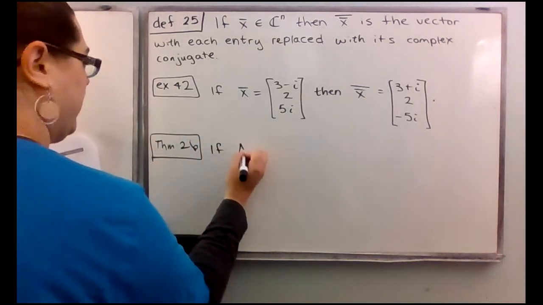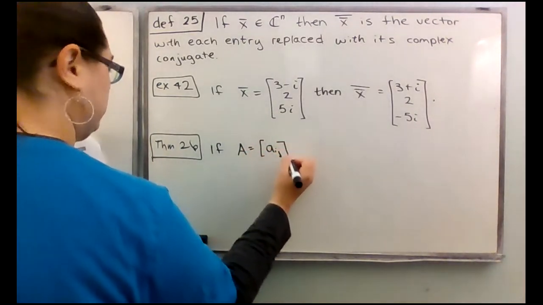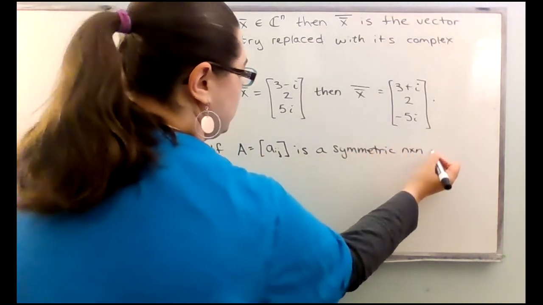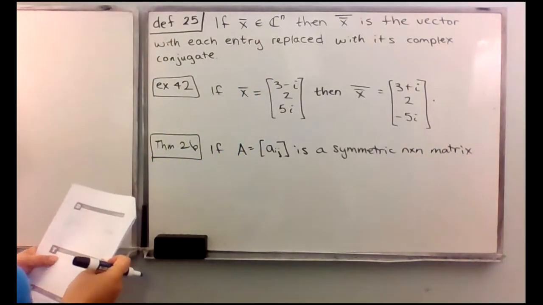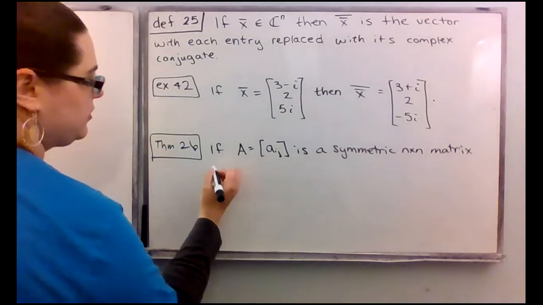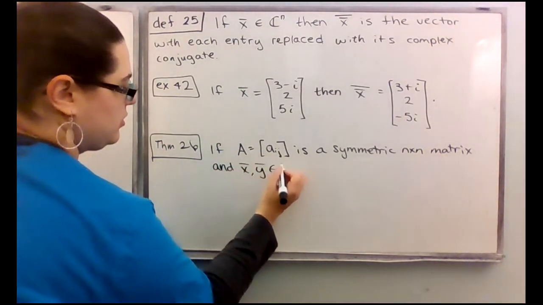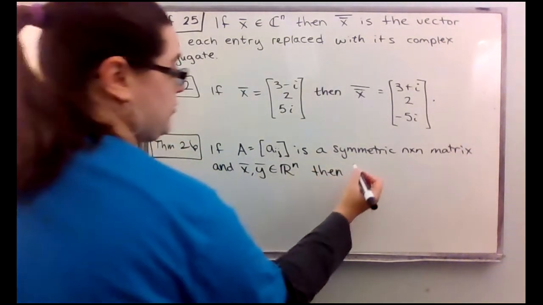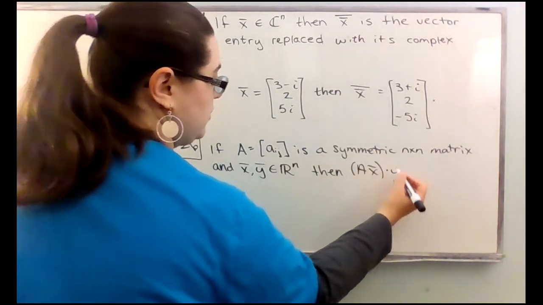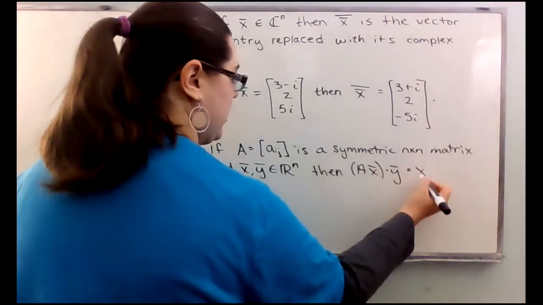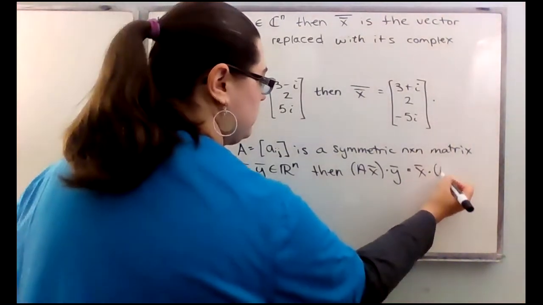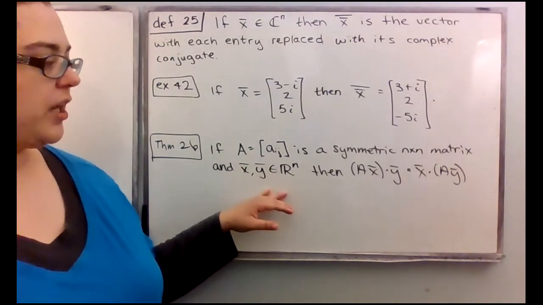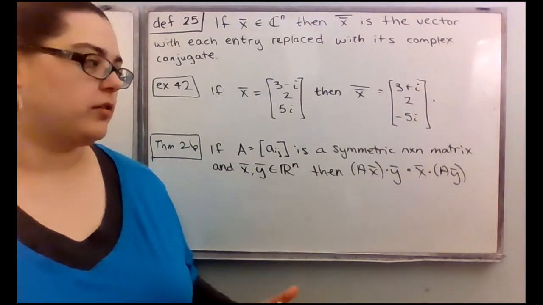It says if A, which equals Aij, is a symmetric n by n matrix, and X and Y are real vectors in Rn, then if I take A times X and dot it with Y, that's going to be the same as X dotted with A times Y. So we have this relationship with different vectors and how we can manipulate them with the dot product.